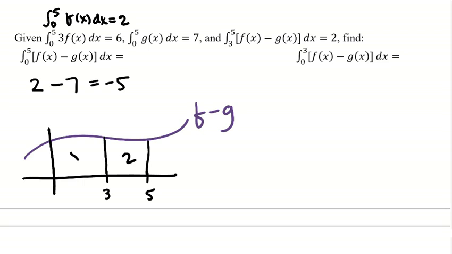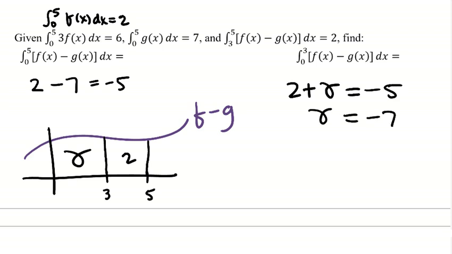Okay, so basically 2 plus, maybe x is not the best, maybe it's like gamma or something. 2 plus gamma equals negative 5, meaning that this area gamma is going to have to be negative 7. So the integral from 0 to 3 of f minus g is negative 7. Okay, that was probably as difficult as these area properties are going to get.